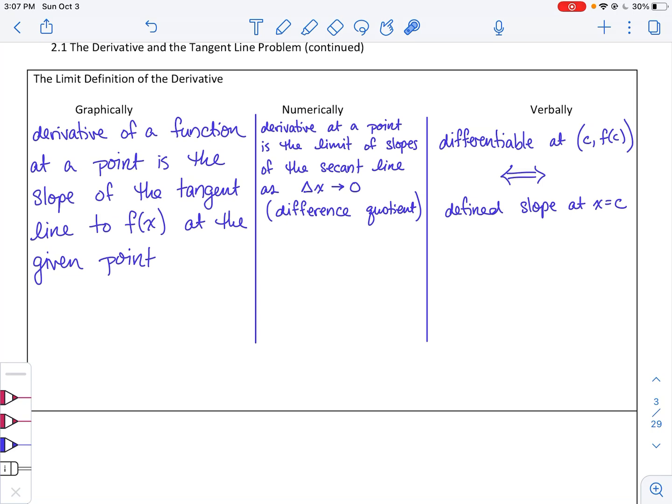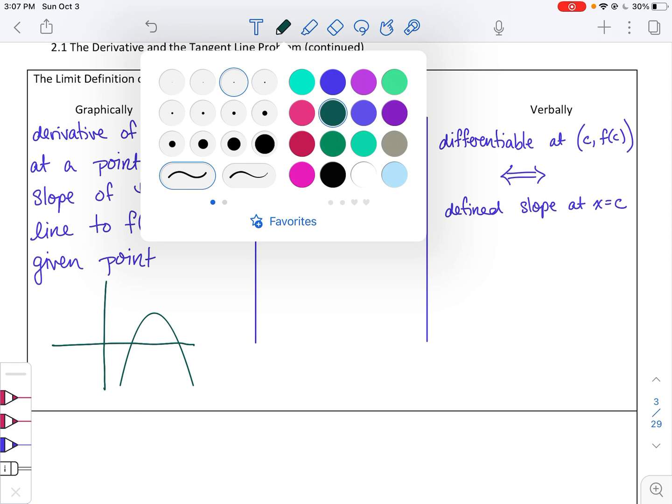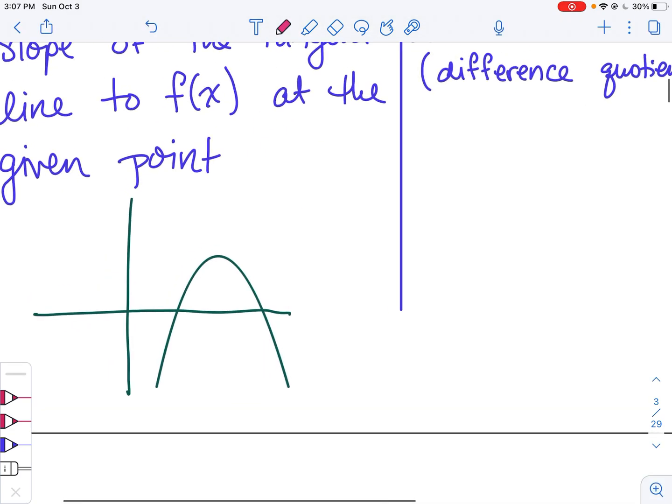Excellent. Once you've digested this, the derivative of a function at a point is the slope of the tangent line. So if I had some sort of curve here, let's say a quadratic, and I wanted to find the derivative at a particular point, it would be the tangent line at that point.